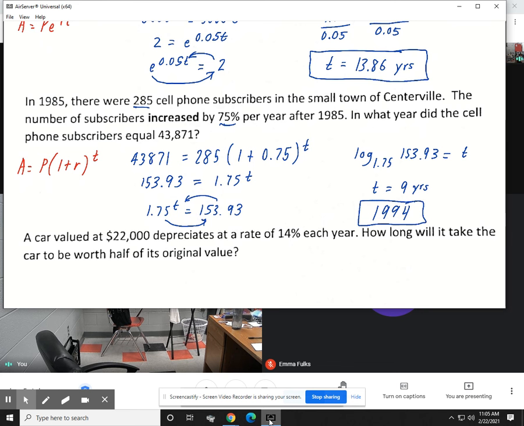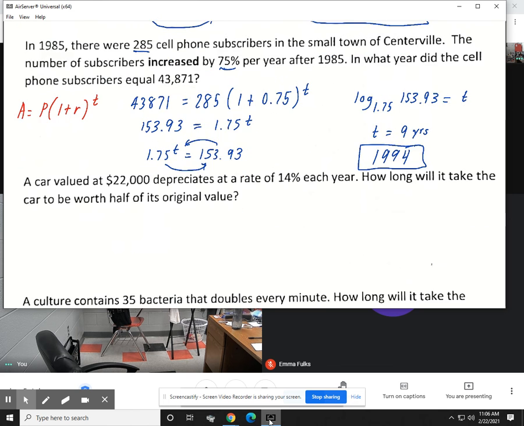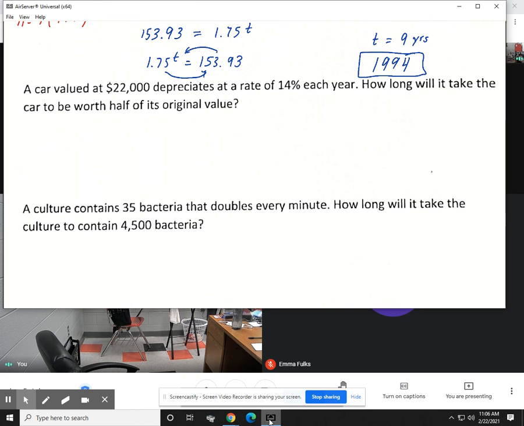That's the real answer to this question, 1994. If you put 9 years, for me it's not wrong because you did all the work correctly, but just be careful. Sometimes the questions are asked a little differently. So that's number B. Letter B. Let's go to letter C.